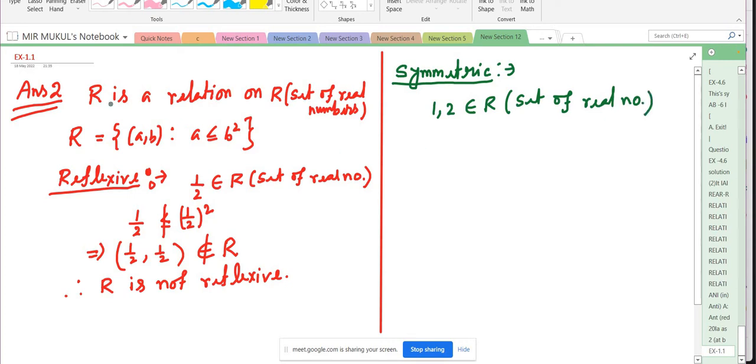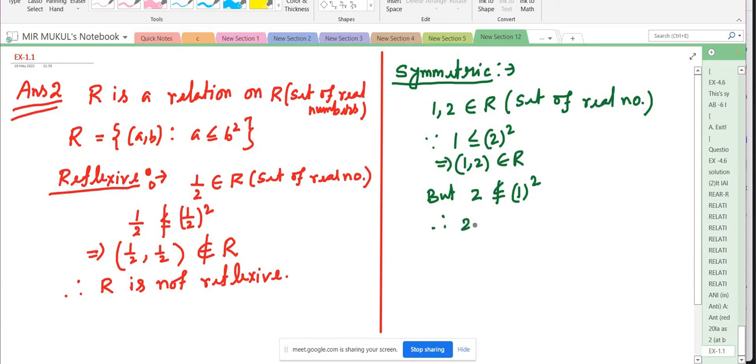Because both are R: the relation is also represented by R, and the set of real numbers is also represented by R. That's why I'm writing it here in brackets. Here, since 1 is less than or equal to 2 square, it means (1, 2) belongs to R, but 2 is not less than or equal to 1 square.